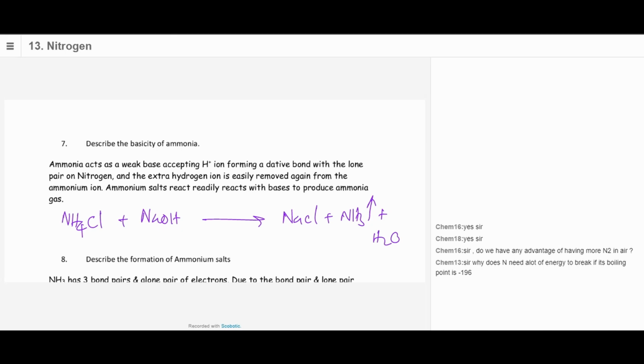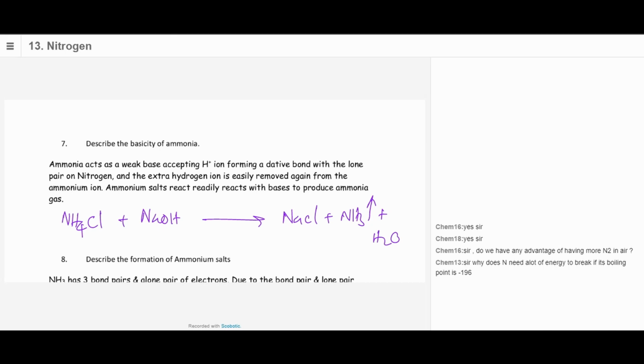You add sodium hydroxide or any strong alkali, and then you hold moist red litmus. Red litmus is used to test for the alkaline gas.